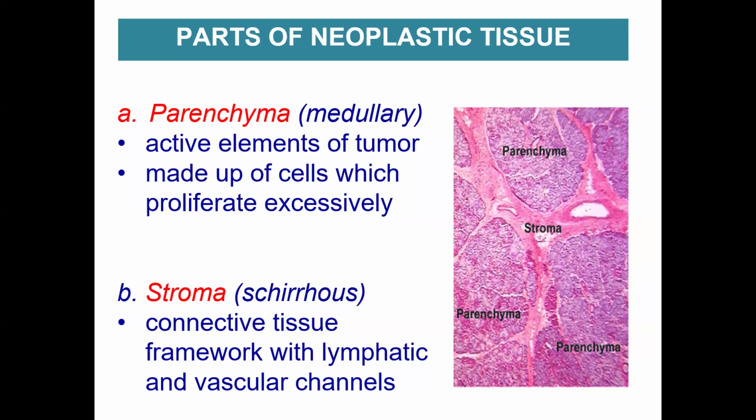And also, there can be atrophy of the surrounding structures. For example, when there is a tumor in the brain, the active elements of the tumor, the parenchyma, will be increasing in size, enlarging, hence compressing the surrounding tissues. Okay?